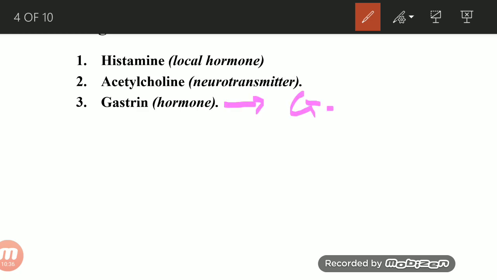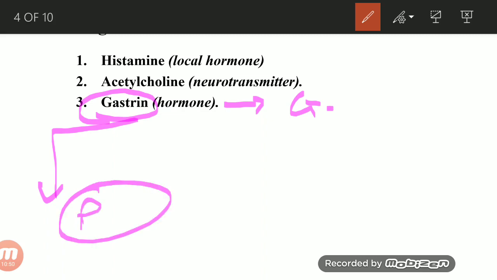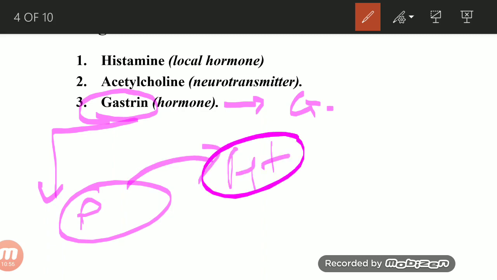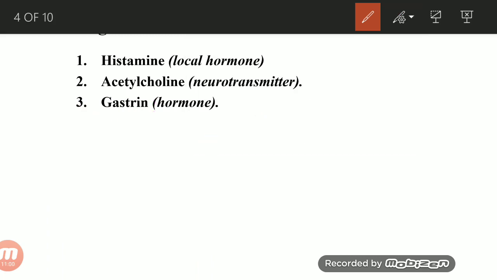Now, same way, gastrin also has a direct control and an indirect control. In case of direct control, activation and secretion of your gastrin takes place. This gastrin goes and acts on your parietal cell, and from your parietal cell it causes release of your H plus ions. This is your direct control. In case of indirect control, what happens is gastrin is released.